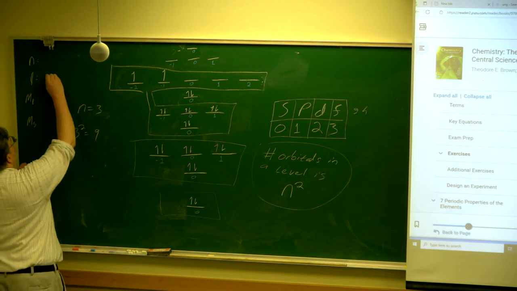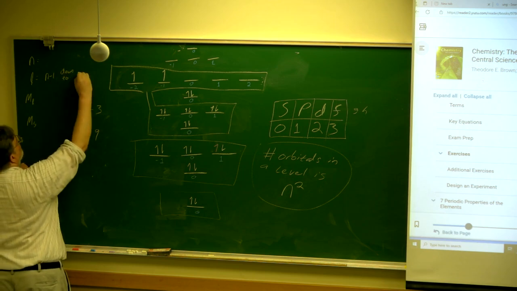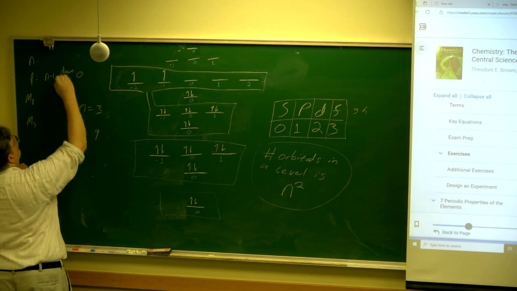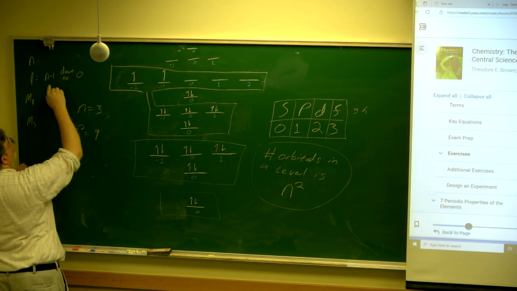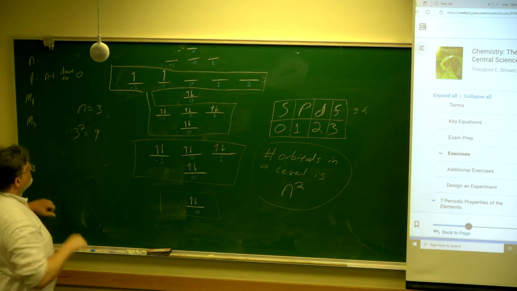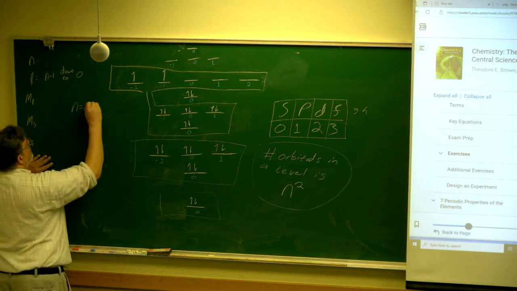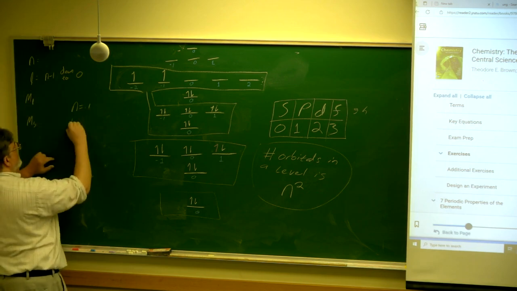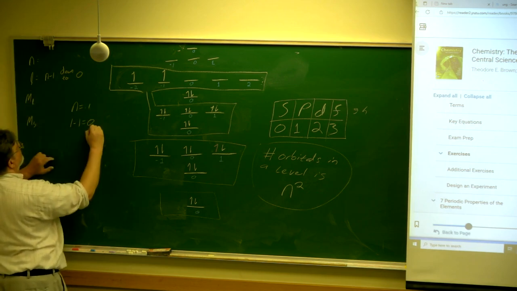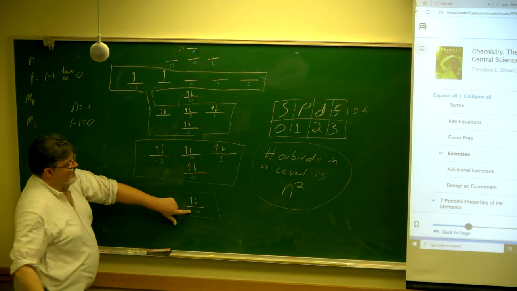L goes from n minus 1 down to 0. So when n equals 1, n minus 1, that is 1 minus 1 equals 0. 0 all the way down to 0, well that just means 0, that's that.